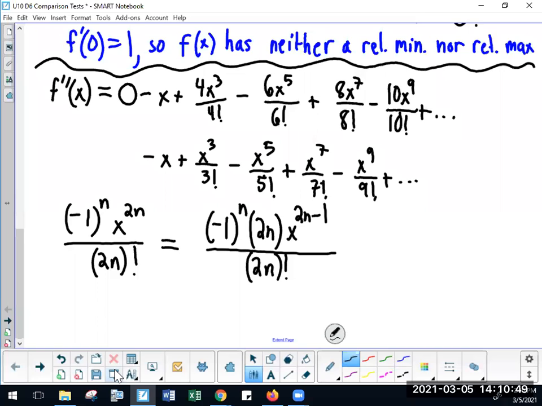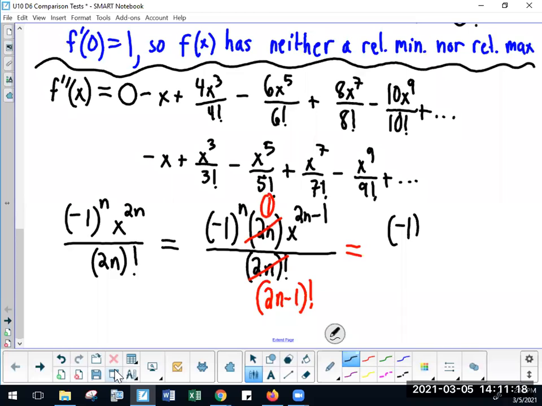So this right here is taking the derivative of this, right? Subtract 1, 2n minus 1, multiply by the old exponent, 2n. 2n factorial is a constant. And the 2n and the 2n simplify into 2n minus 1 factorial.